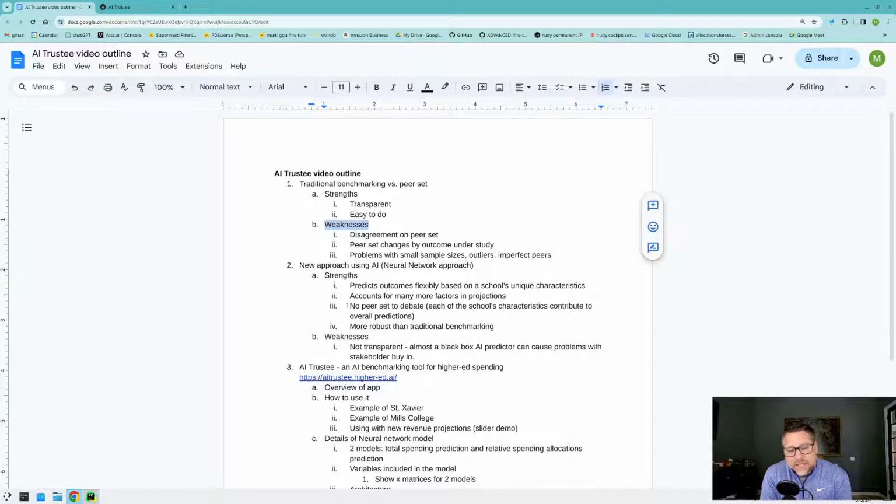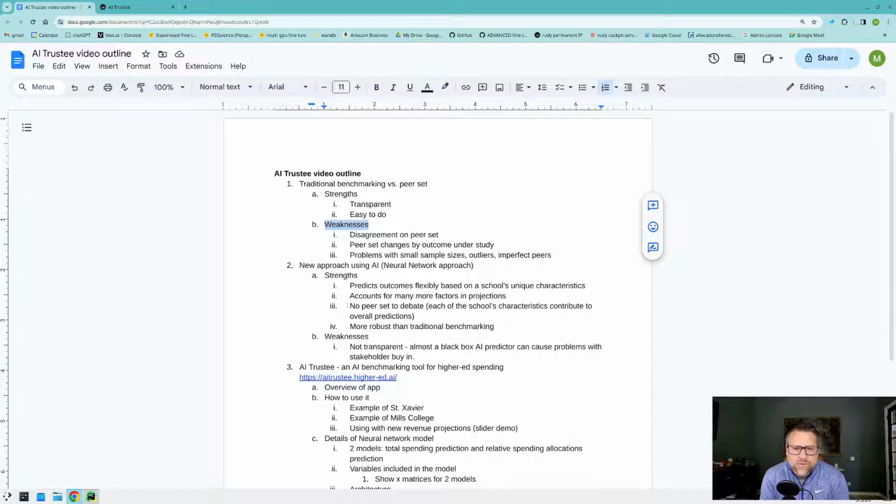So in that sense, it's going to be a lot more robust, but it has one big weakness, and it's tough to overcome this, although I think it will happen over time. One of the biggest weaknesses with this approach that I'm proposing is that it's not very transparent how the AI is making its predictions, right? It's going to be a neural network approach that is very complicated.